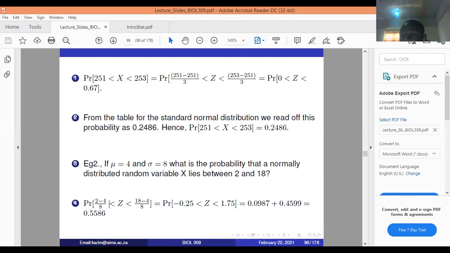Any question? So you just have to compute your Z value, read that from the table, then you compute this one also from the table, and then you add them.